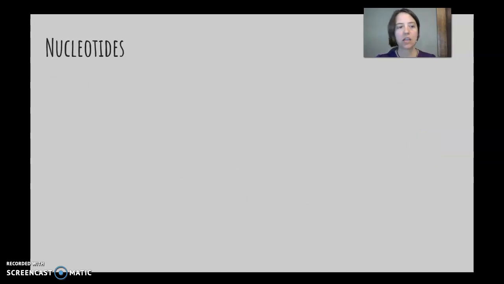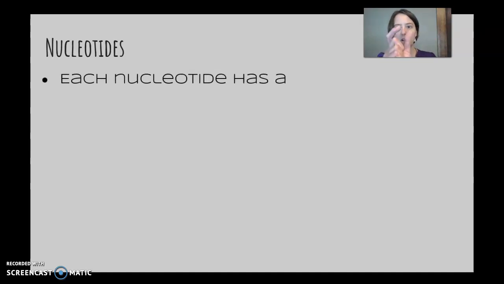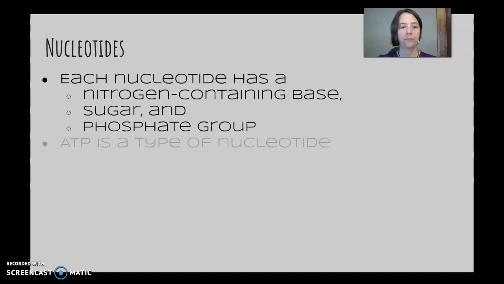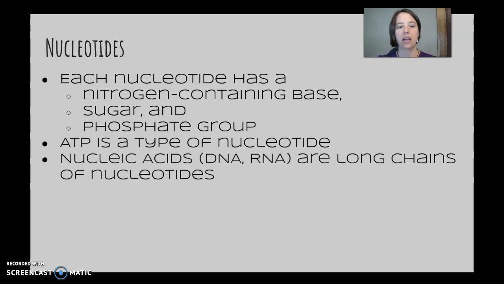Okay, fourth type are nucleic acids or nucleotides. So the nucleotide is the little chunk. Nucleic acids is when you put a whole bunch of them together. A nucleotide, that little chunk, has three parts to it: a nitrogen-containing base, a sugar, and a phosphate group. So ATP, adenosine triphosphate, is one type of a nucleotide.